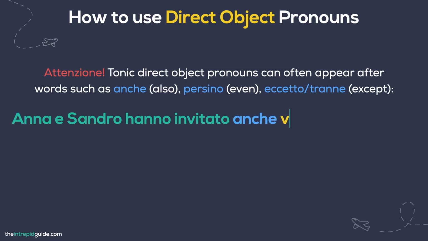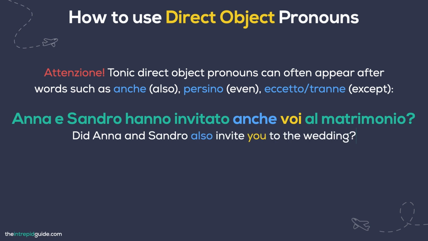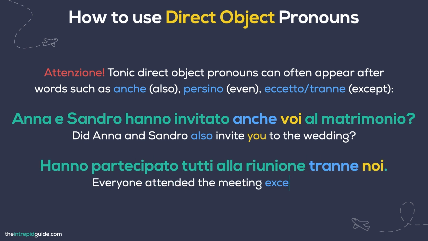Take a look at these examples. Anna e Sandro hanno invitato anche voi al matrimonio? Did Anna and Sandro also invite you to the wedding? Hanno partecipato tutti alla riunione, tranne noi. Everyone attended the meeting except for us.